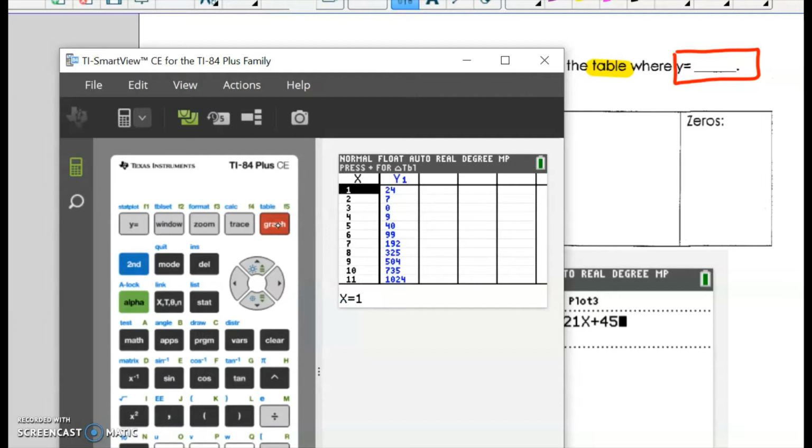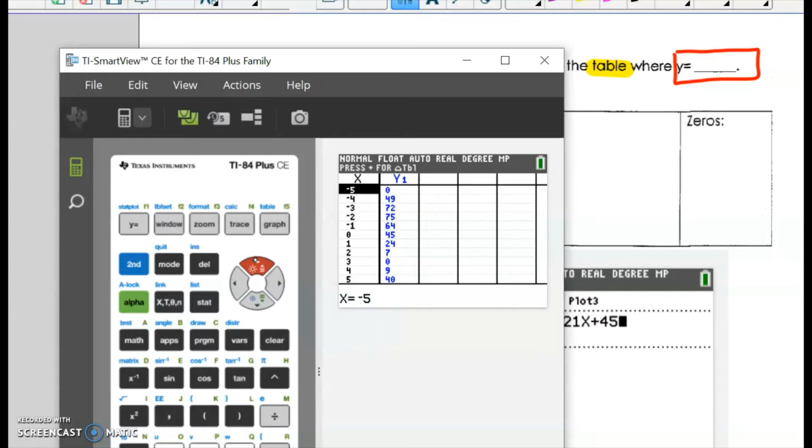In other words, we get a set of numbers in a table that shows us x values and y values. And what we're looking for, let me scroll up and down so you can see that there are more numbers that exist. So here's the negative numbers. There's 0, there's the positive numbers, okay? So I'll get back to here.